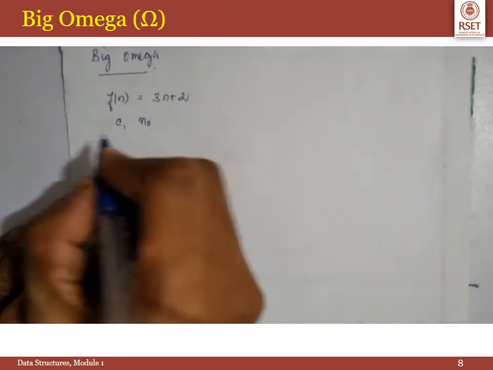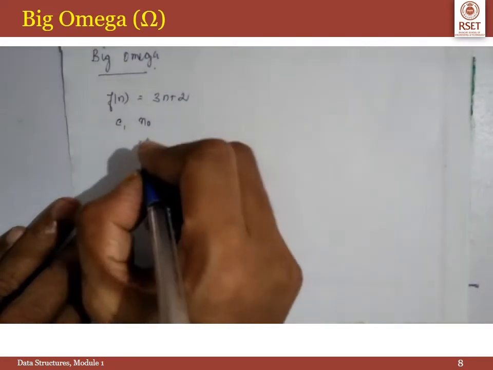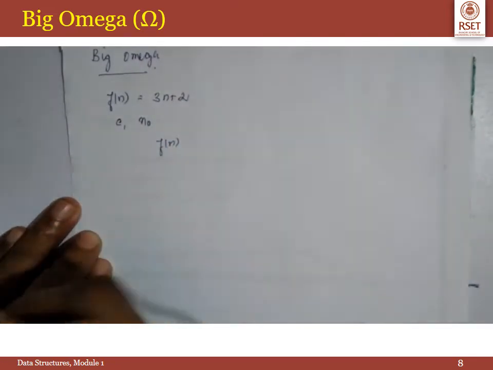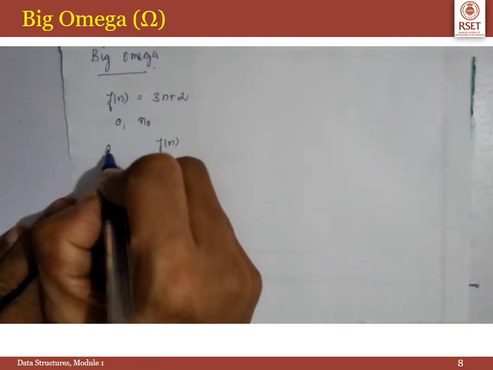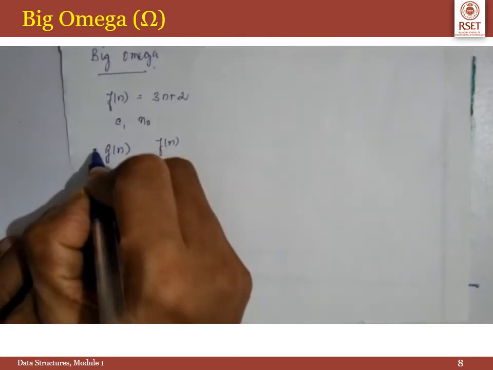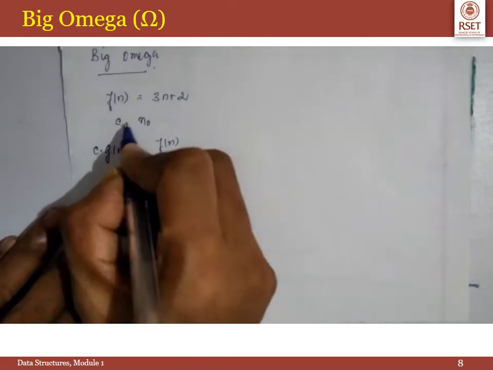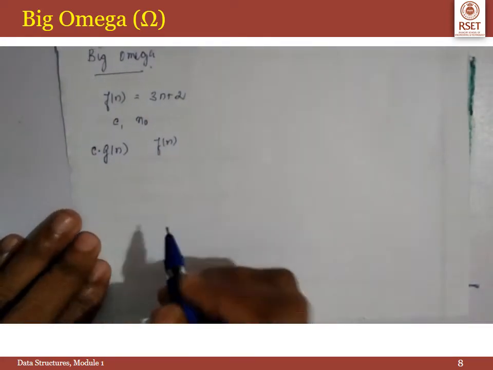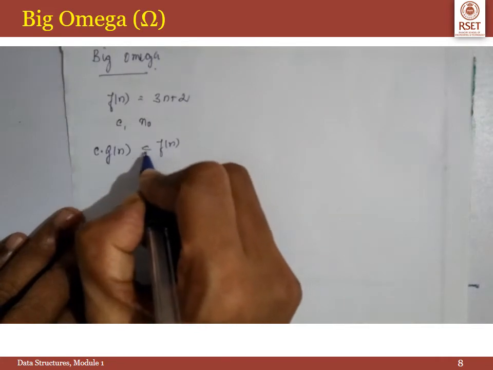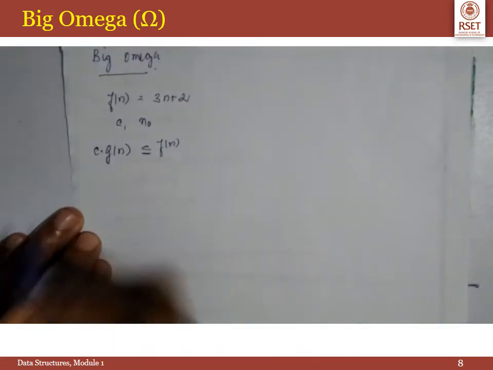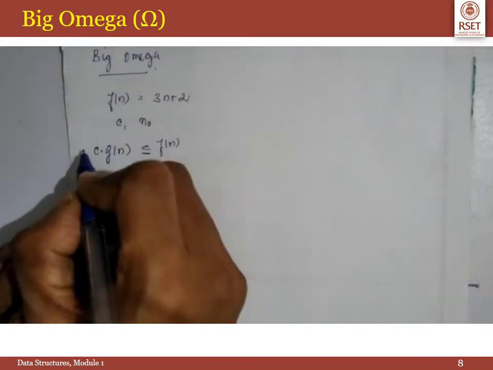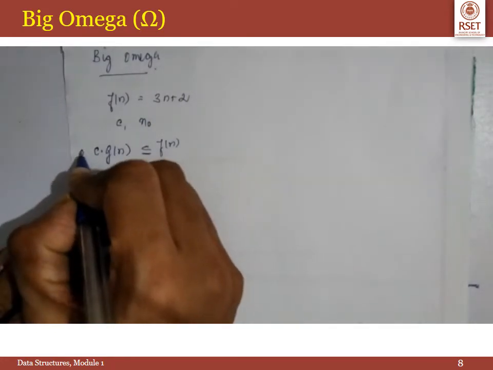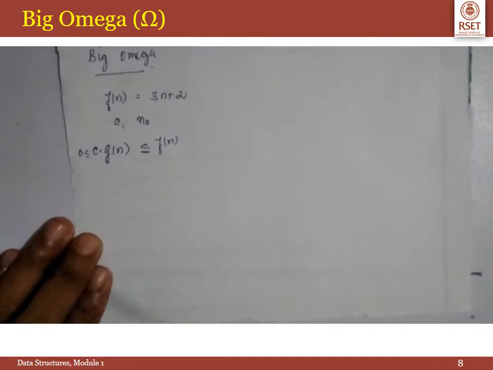So suppose your function f of n can be written as, suppose you are able to identify a function g of n such that c into g of n, where c is this positive constant, is always lesser than or equal to your function. Of course this is a positive function, so 0 lesser than or equal to c into g of n.